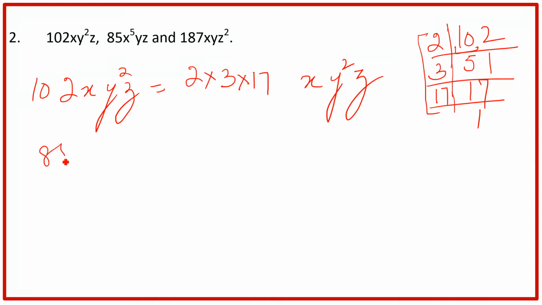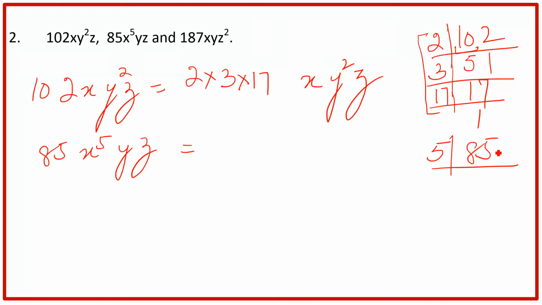Next is 85 x^5 y and z. Right? 85. If you do not know the factors of 85, do not worry. Divide it with 5. Why? Because any number which ends with 0 and 5, it should be divisible by 5. So 5 one time 5 and then 5 17 times 85.